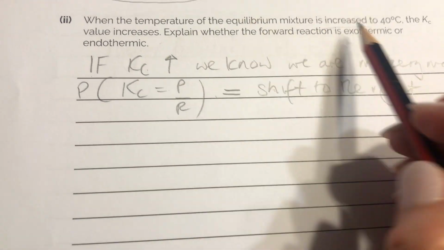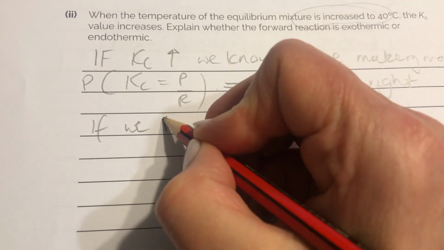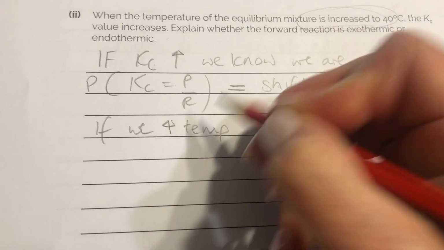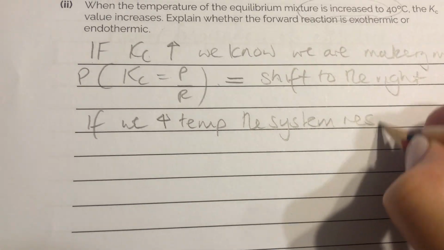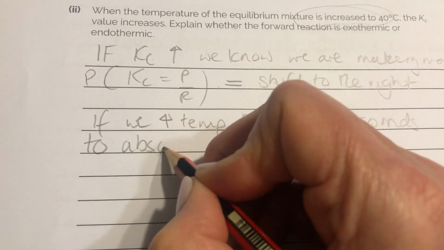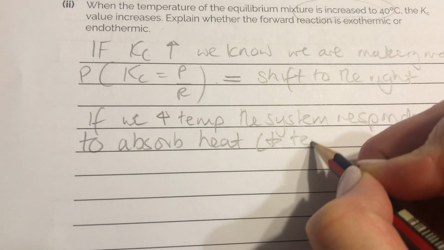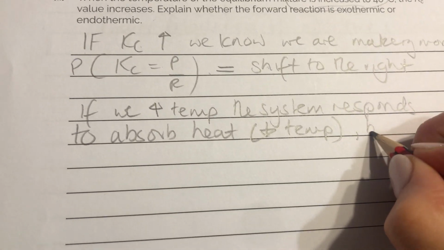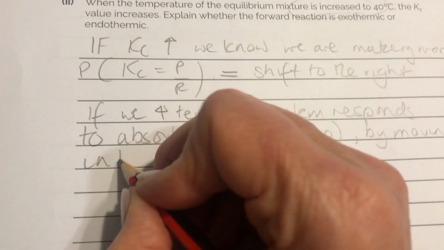Second piece of evidence, if we increase the temperature, the system responds to decrease the temperature or absorb heat, and it does this by moving in the endo direction.